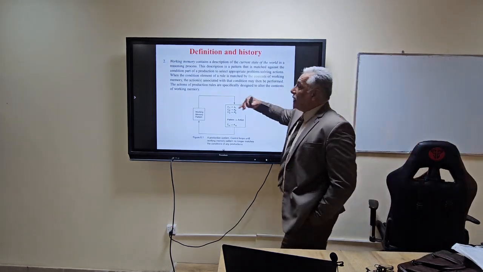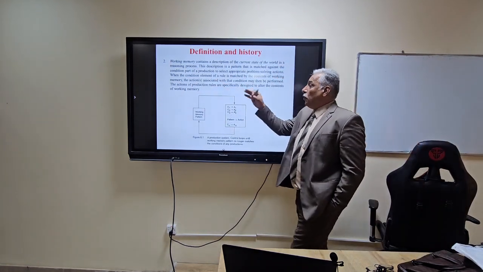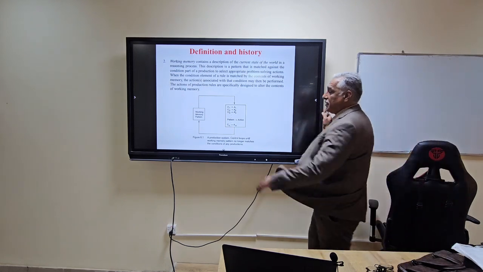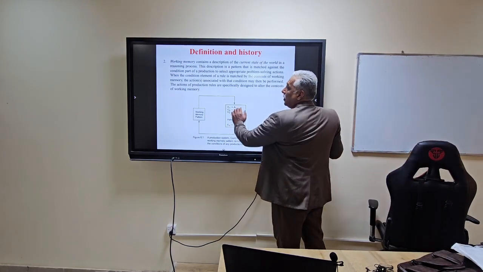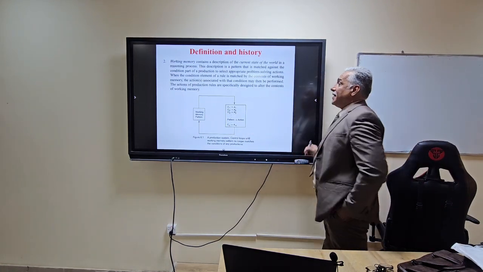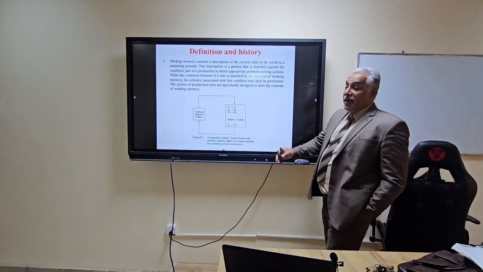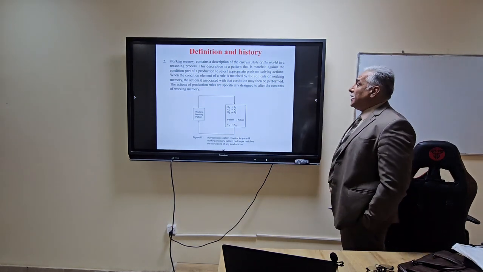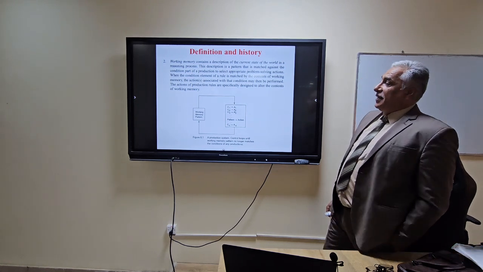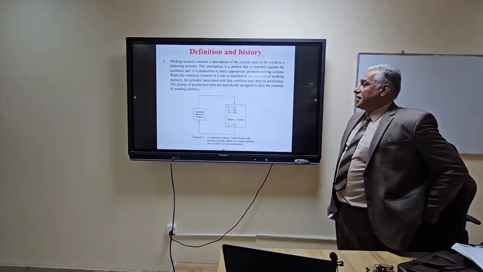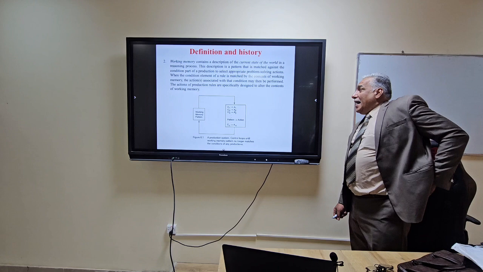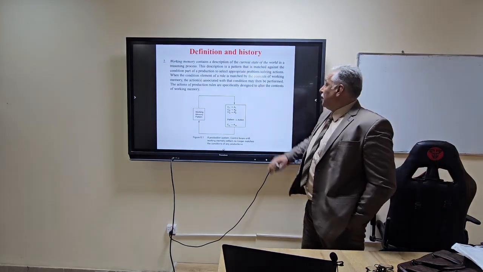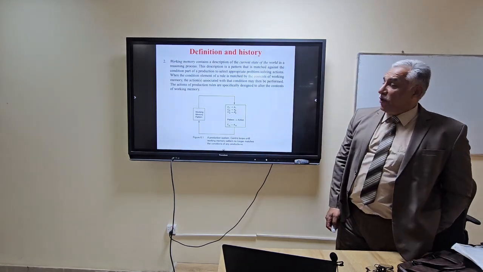When the condition element of a rule is matched by the contents of the working memory, the actions associated with the conditions may then be performed. The actions of production rules are specifically designed to alter the contents of working memory.